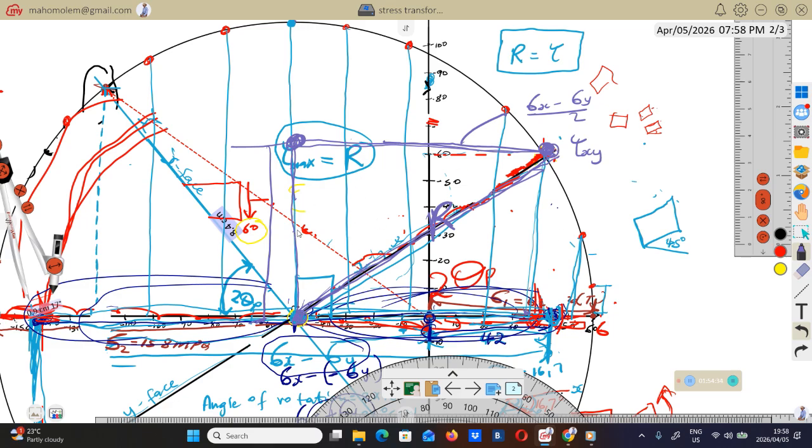So now this is 2 theta s. To calculate this angle 2 theta s, you will say tan equals opposite, which is this, divided by the shear stress.